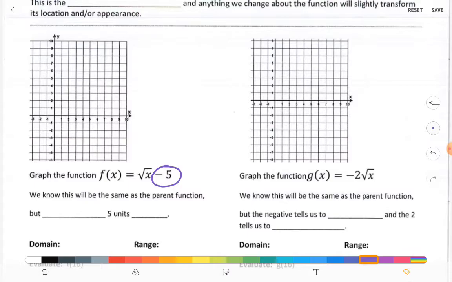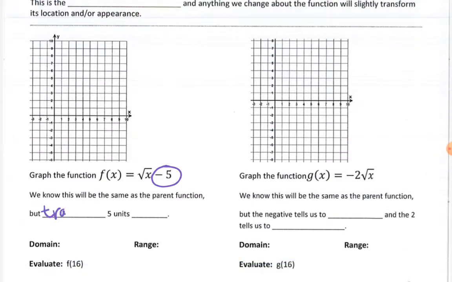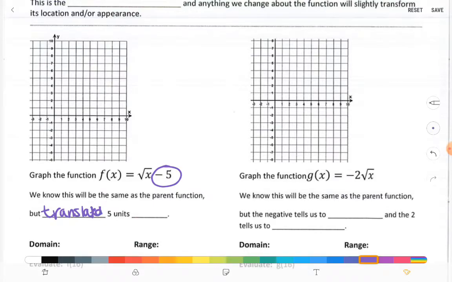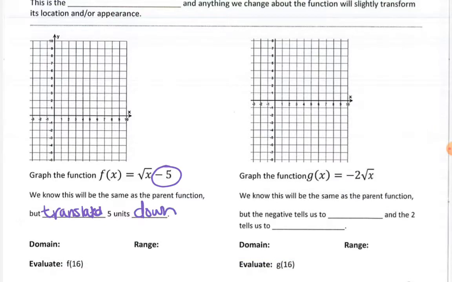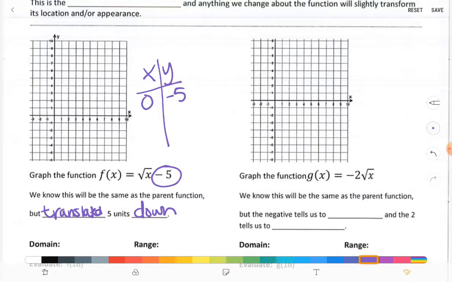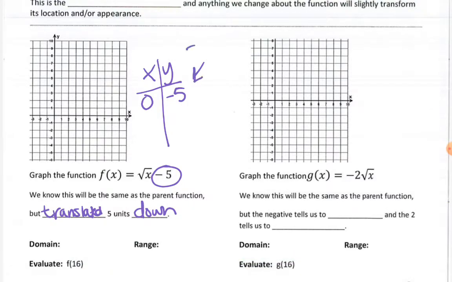So it's going to be translated 5 units down. Okay, so if we grab our X and Y table, instead of it being 0, 0, it's going to be 0, negative 5. That right there, that's our starting point.